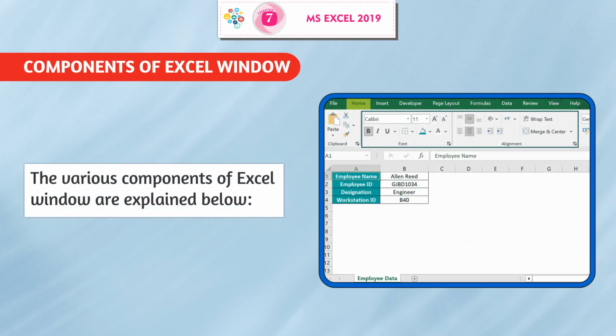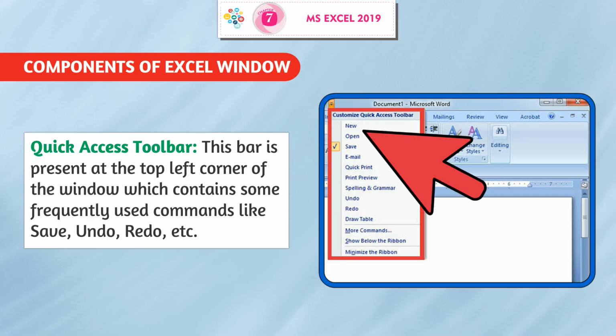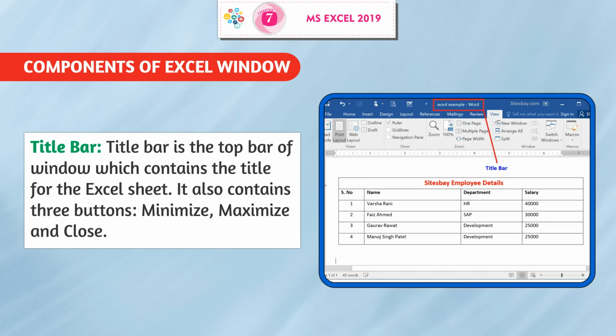Components of Excel window. The various components of Excel window are explained below. Quick Access Toolbar. This bar is present at the top left corner of the window, which contains some frequently used commands like save, undo, redo, etc. Title bar.